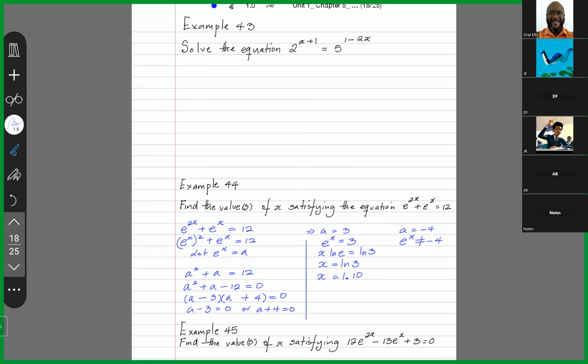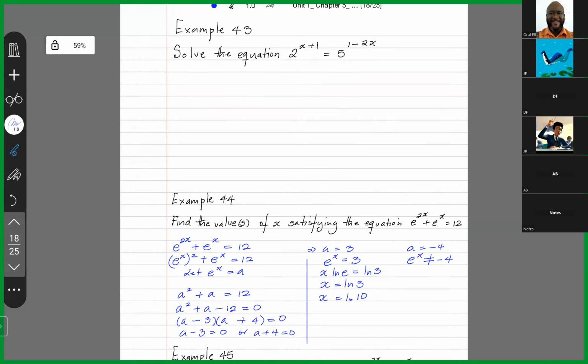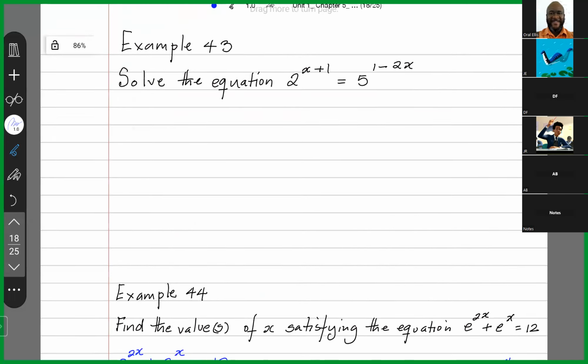All right, so let's have a go at example 43. For example 43, I have 2 to the x plus 1 is equal to 5 to the 1 minus 2x. I'm going to take ln of both sides. So I'm going to have x plus 1 ln 2 is equal to 1 minus 2x ln 5.